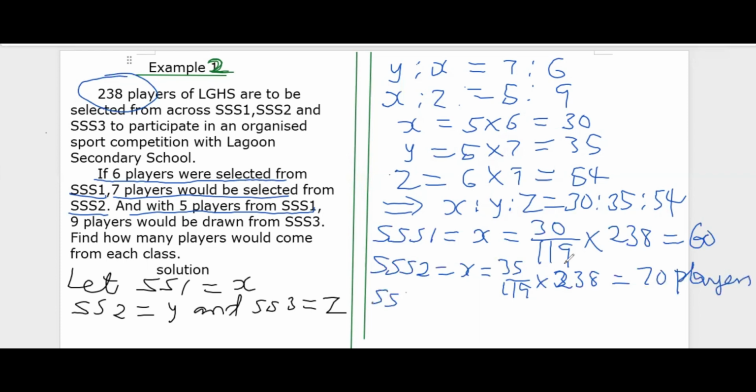And lastly, SS3, which is denoted by letter Z. The apportioned value for Z is 54 out of the total ratio of 119 times the total number of players from the school. And that should give us 108 players. So this is how to handle this type of problem.